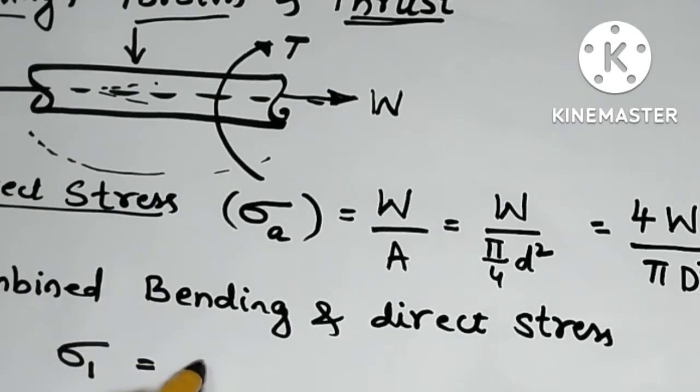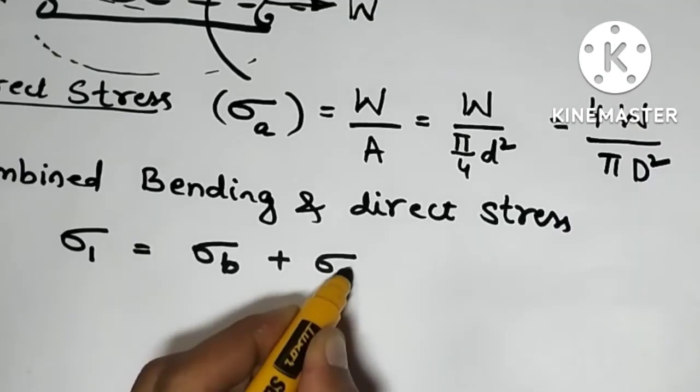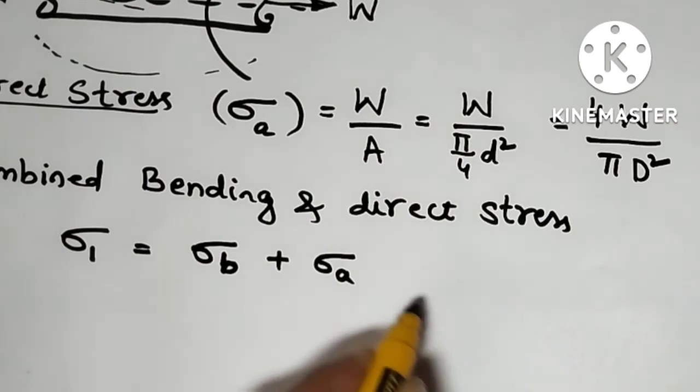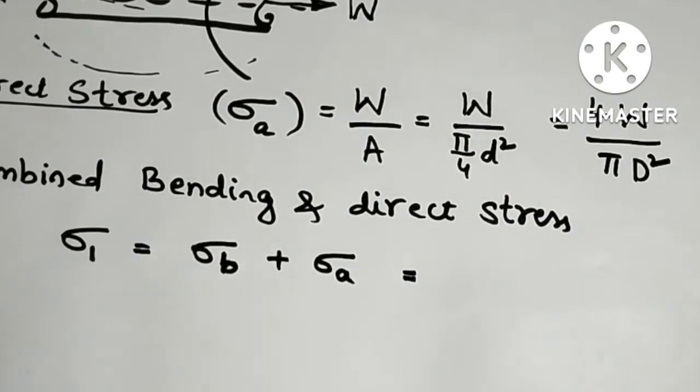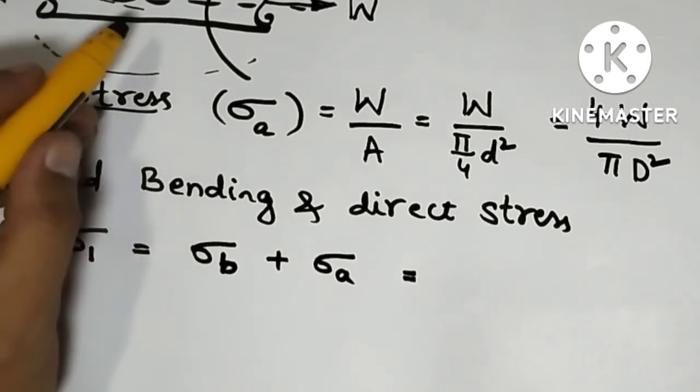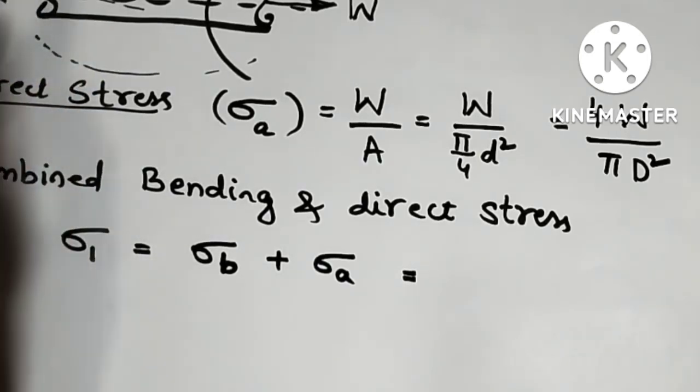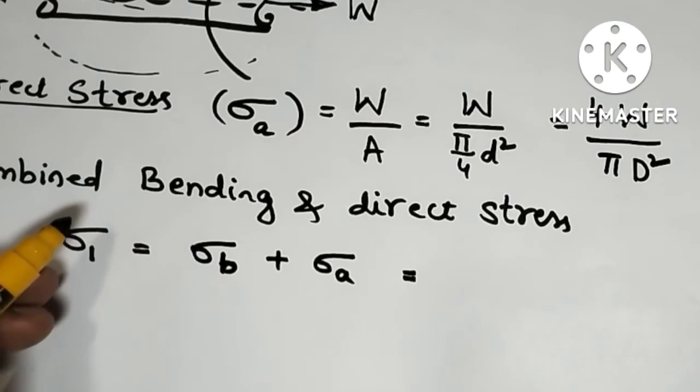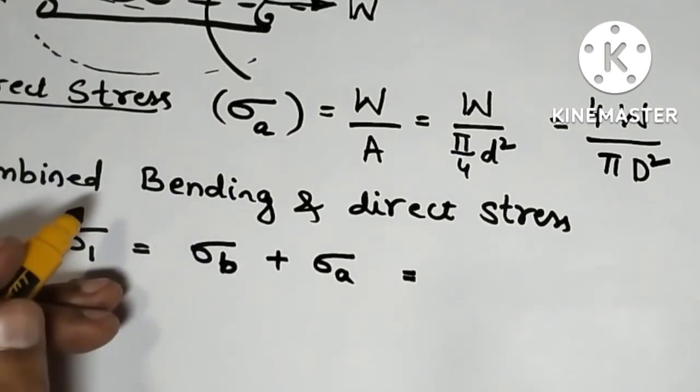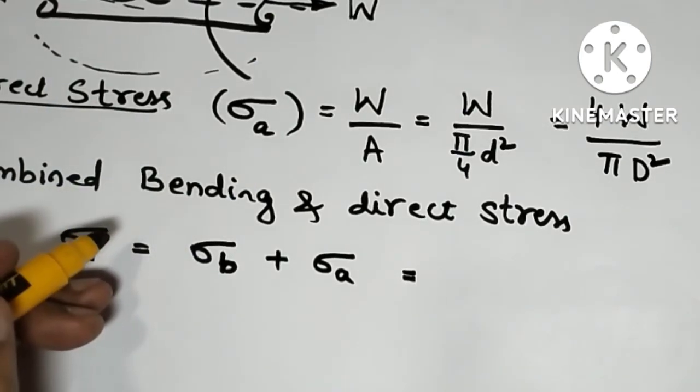Bending stress we will write as sigma B and for direct stress sigma A. For bending stress, as you have derived the equation, when a shaft is subjected to bending load, what is the equation for the bending stress?